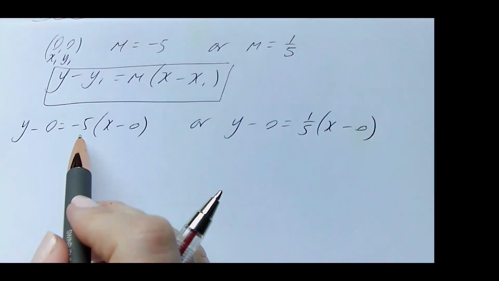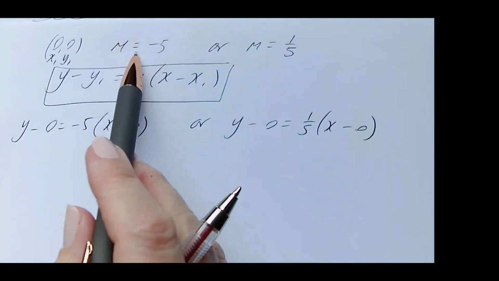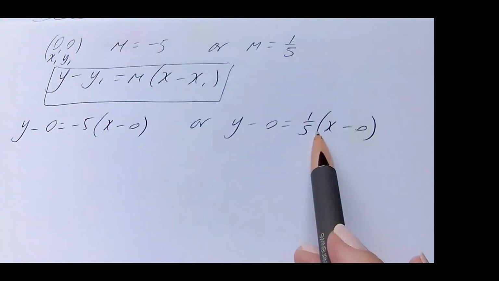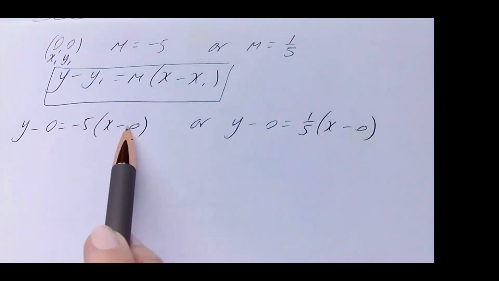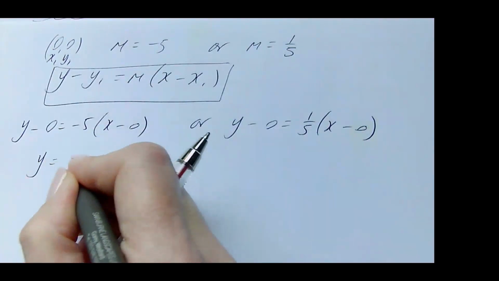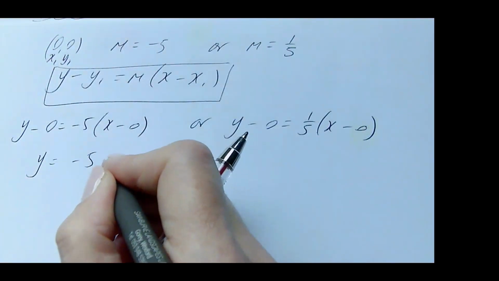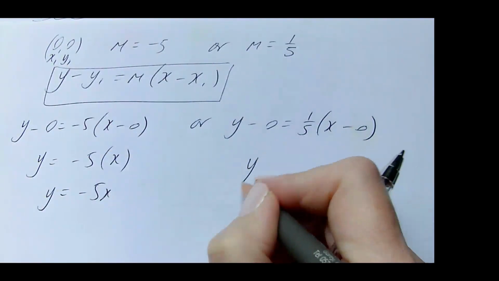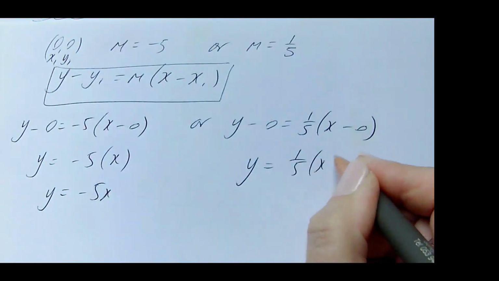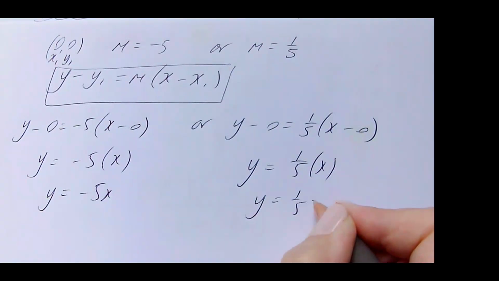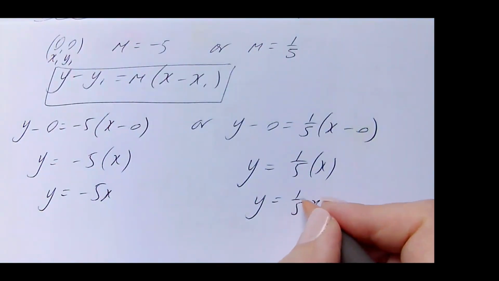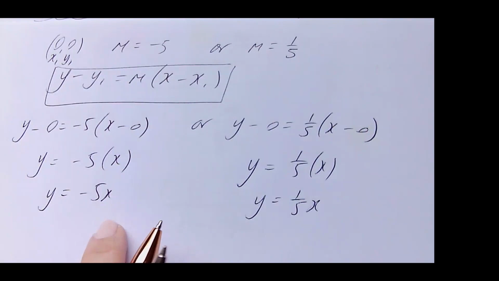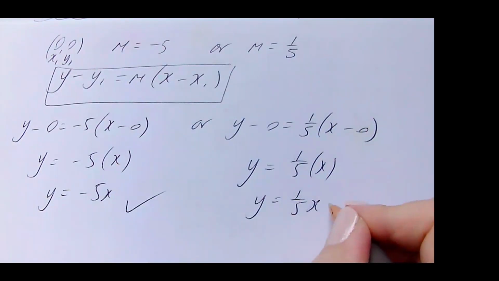So subbing in my information, there's the first line using the first slope and the second line using the second slope, and both of the lines go through the origin 0, 0. And I get y is equal to minus 5x or y is equal to 1/5 x.